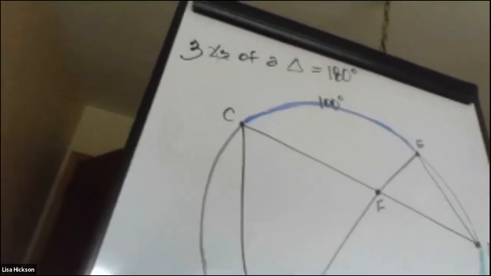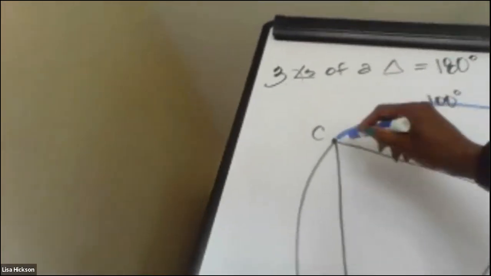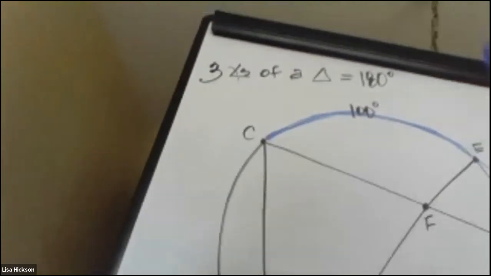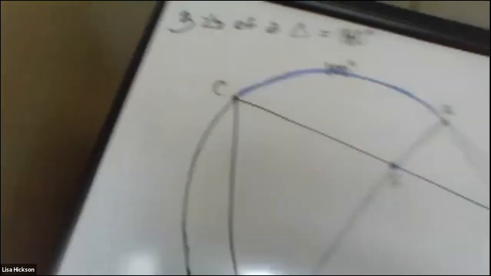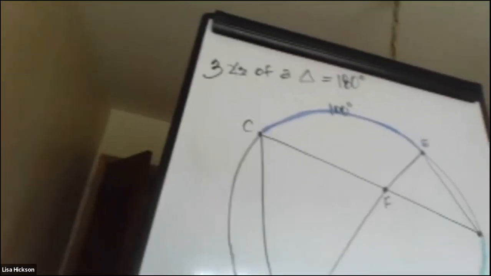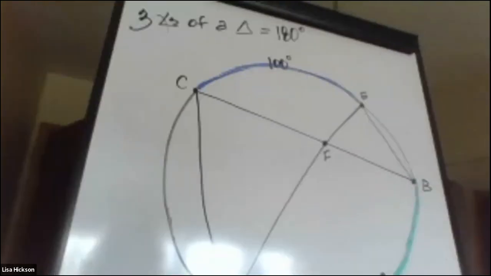The question on the floor is, if this arc from C to E is 100 degrees, I asked for an inscribed angle, because that's the lesson we're on. Which inscribed angle is related to this arc? So that's what I'm waiting for.